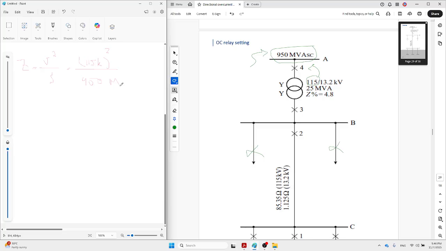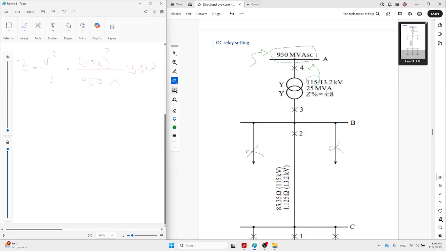So the final value here is 115 squared divided by 950, which is 13.92 ohm.